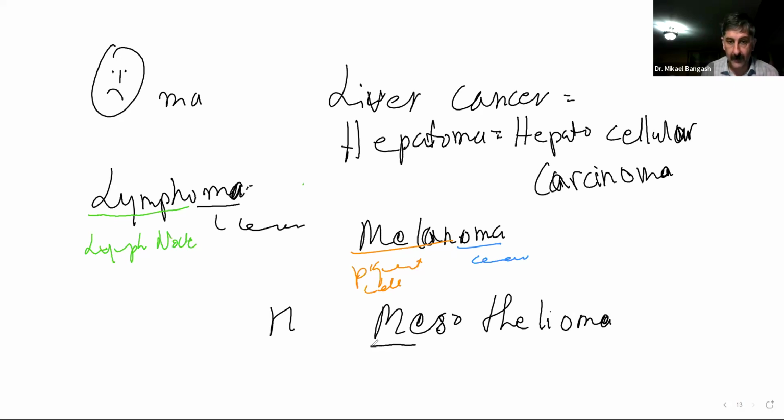Here is the word part MES, mainly meaning membrane. I won't go into detail, but this is still going to be a cancer of what they call the pleural membrane, a membrane that covers the lung.